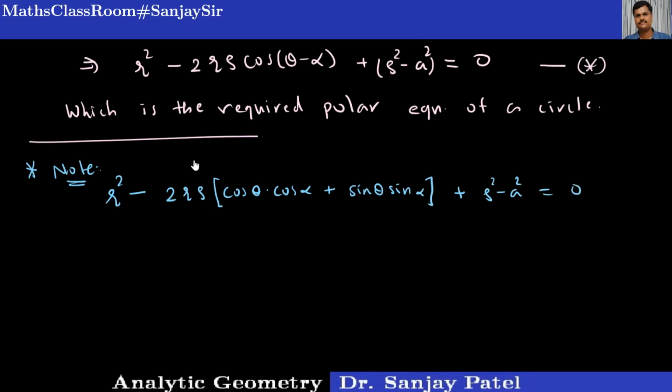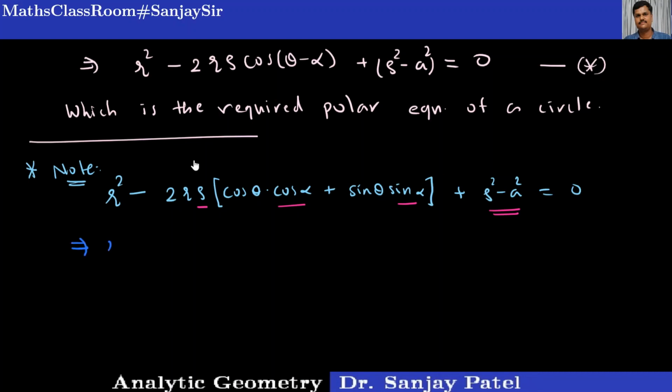Remember that this rho and a both are constants. So this is a constant, and the other thing here is this rho cos alpha, and this rho into sin alpha is also constant. So I can rewrite this equation.